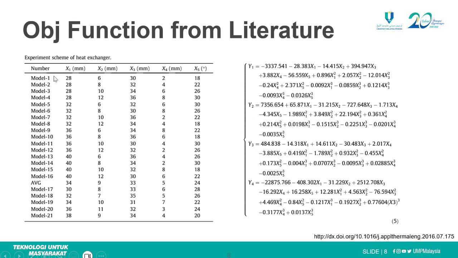They tested the different variable values at different levels, and later they came out with a mathematical model like this, so we can utilize the model. That is the first option, where we utilize the objective function from literature.